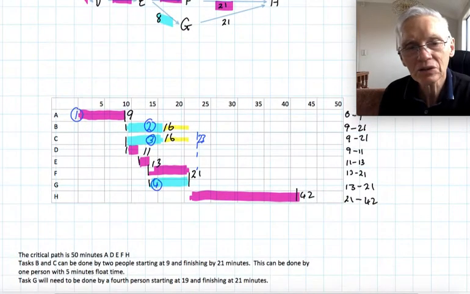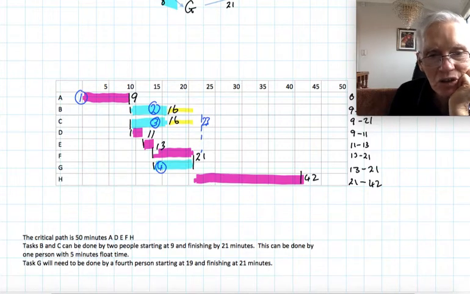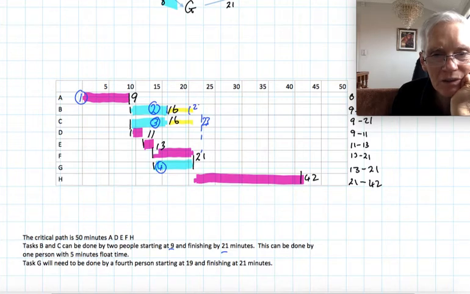Now the question also asks, the critical path is ADEFH, or ADEGH would be another critical path. Task B and C can be done by 2 people starting at 9, finishing by 21. And put the float time in there. You've got 5 minutes float time because it finishes at 16, doesn't need to be done until 21.